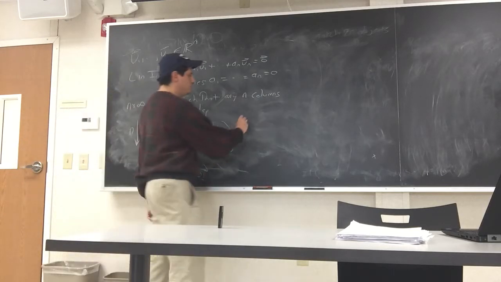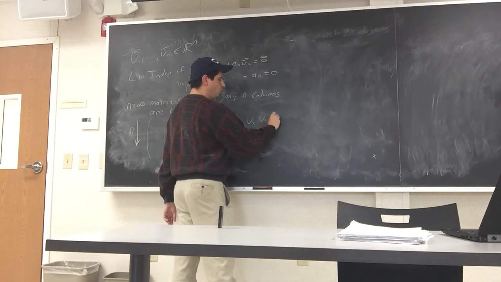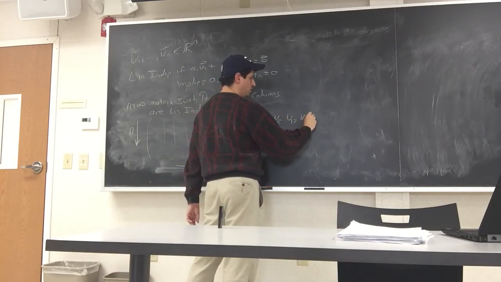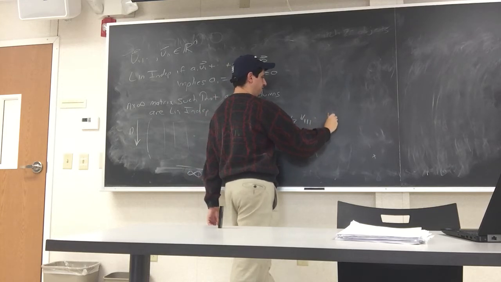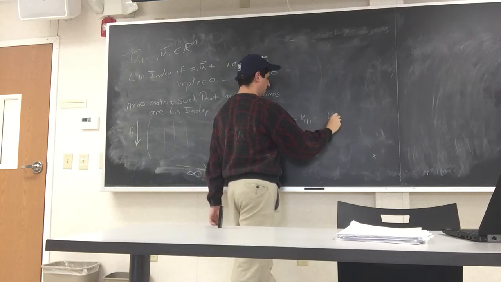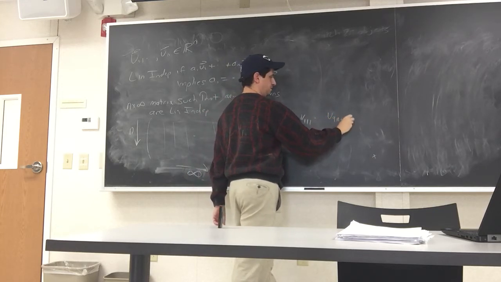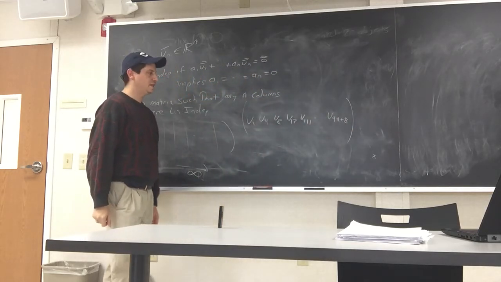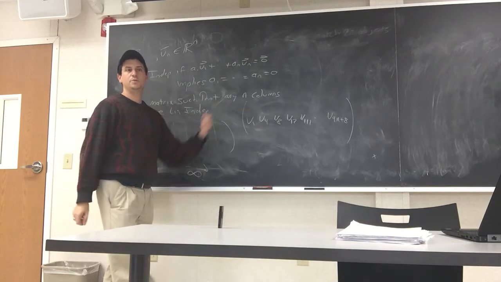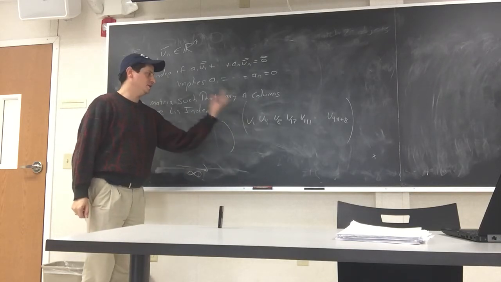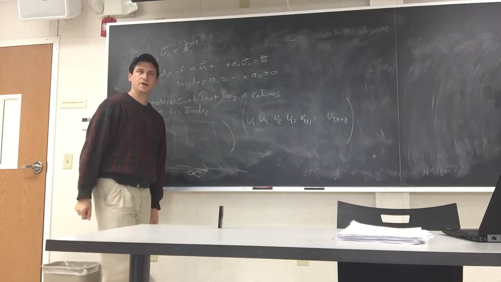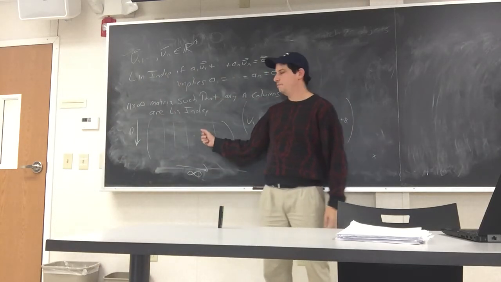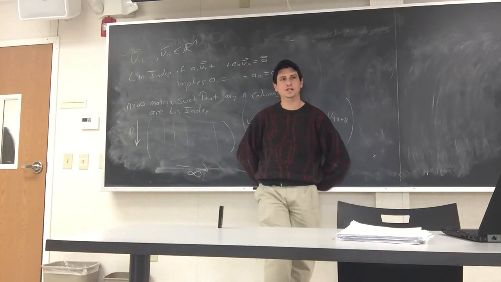So maybe you choose B1, B4, B8, B17, B111, B9, and so on, and those will be your n vectors. Then that determinant will be nonzero, or they'll be linearly independent, however you want to phrase it. But no matter which n vectors you choose, my matrix is such that the result will be linearly independent.